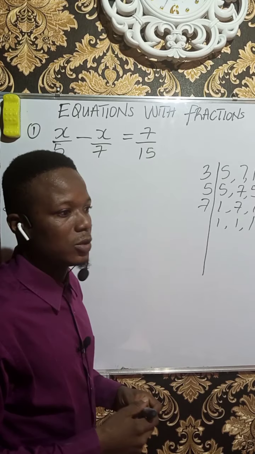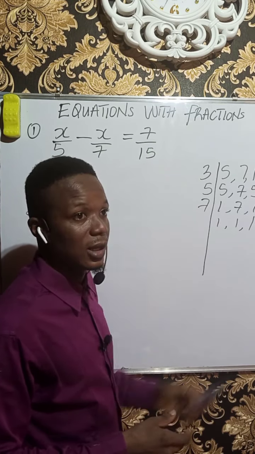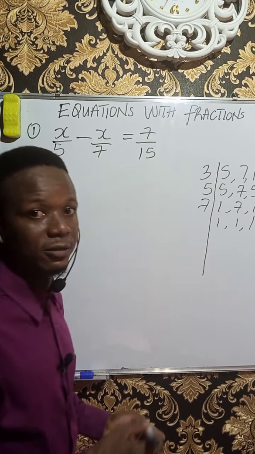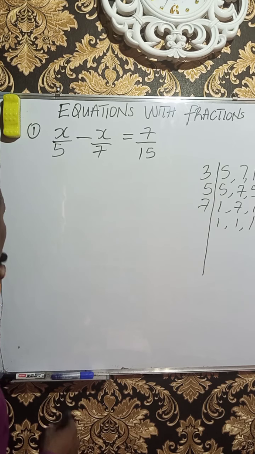You stop. So the LCM will now be 3 times 5, which is 15, and 15 times 7 is 105. So I'll multiply everything here by 105.